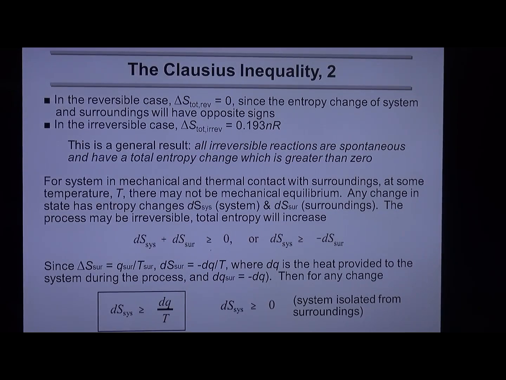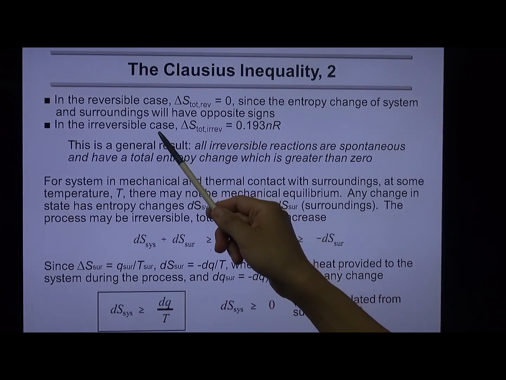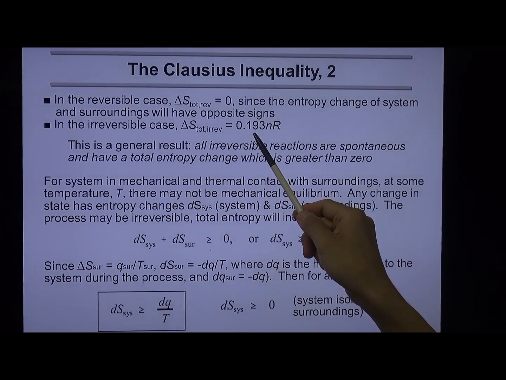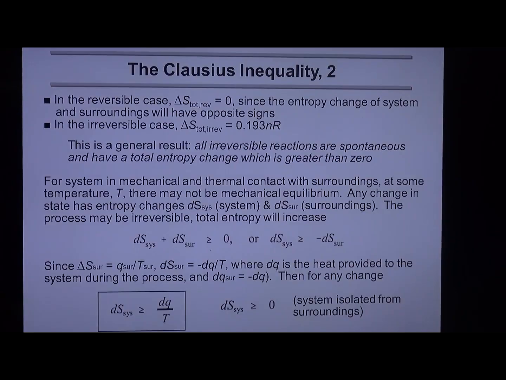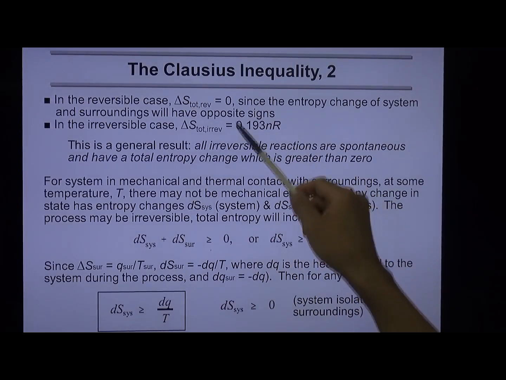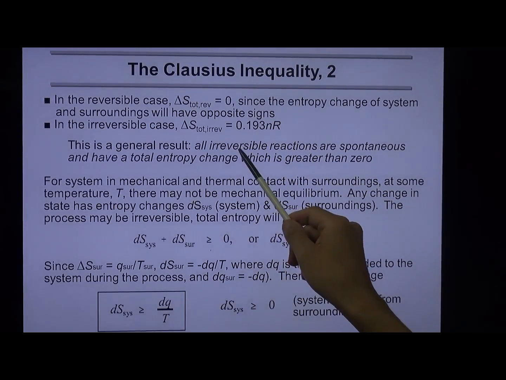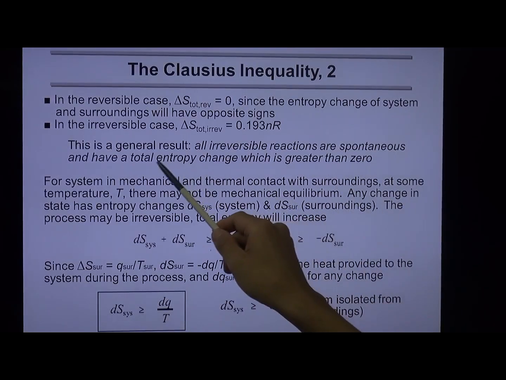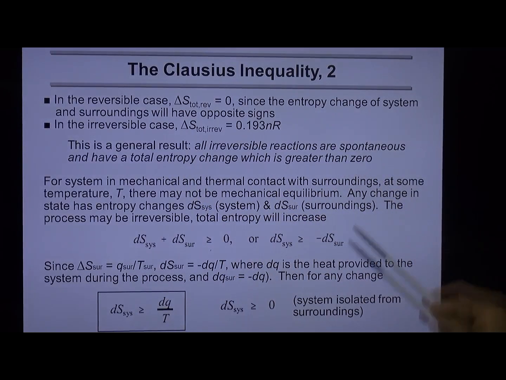And the second law of thermodynamics shows that delta S is positive for an irreversible process. For irreversible expansion, delta S total is plus 0.193 nR, positive. For irreversible processes, the total entropy change is always greater than 0.